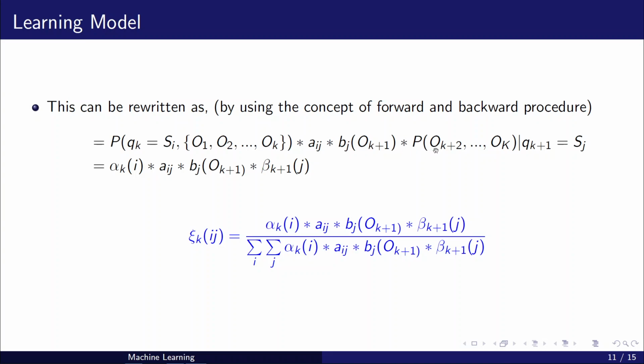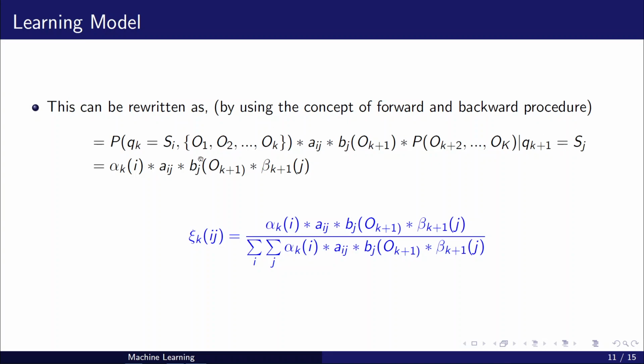What is left is Ok plus 2, Ok plus 3, etc., up to capital OK, which was your total observation sequence. That is the probability of these symbols given qk plus 1 equal to Sj. So you have seen half of the observation symbols, then a transition, and after that transition you find the probability of all the remaining symbols given that at time k plus 1 you are at state Sj.